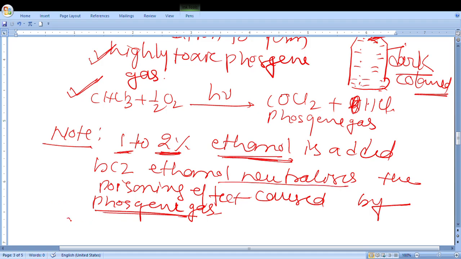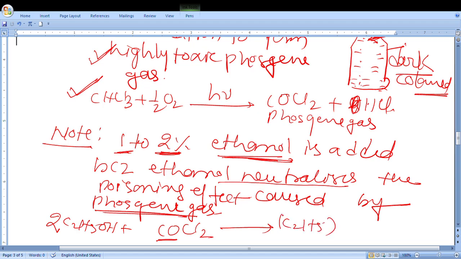So C2H5OH plus COCl2. Anyhow, it is converted into CO3, is it possible? Definitely it is possible. 2 C2H5OH. It will form C2H5 whole twice, because C2H5O, 2 C2H5, so C2H5 whole twice.